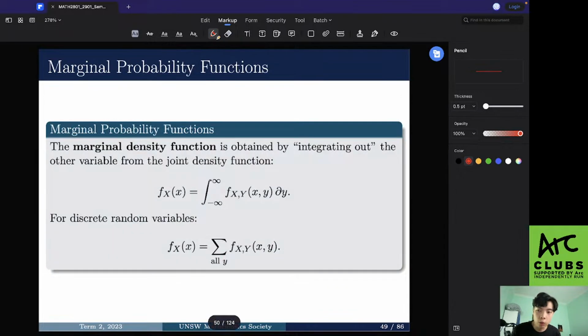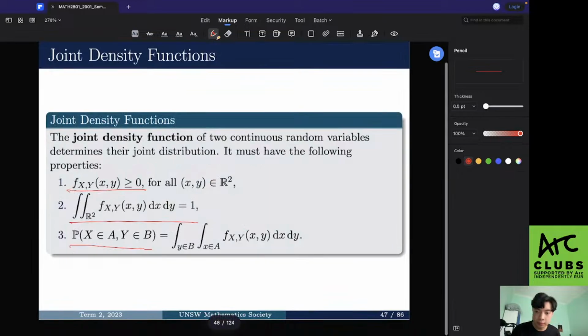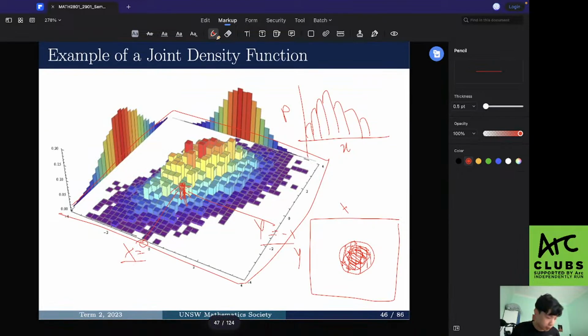What a marginal density is, is just the PDF of x or y, and we get this from integrating our joint density function. But what is this integral doing? Well, let's go back to our example.